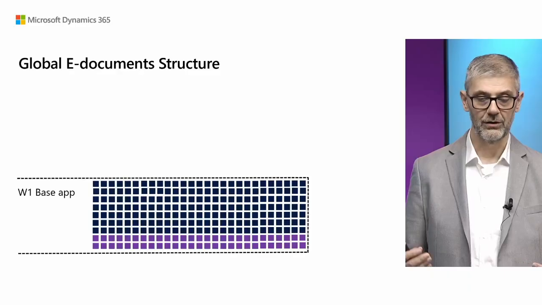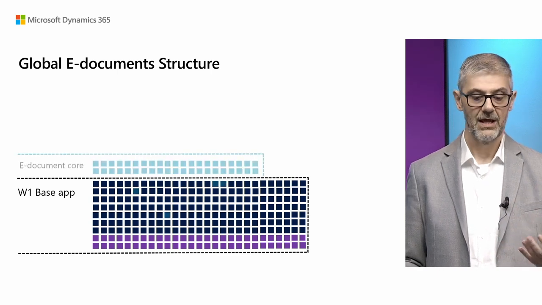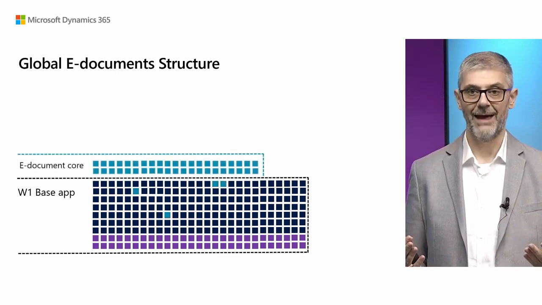Before we start with all these new things, I want to remind you that when we decided last wave to start with the e-documents module, we were thinking whether to start as part of the base app or not, and our decision was no, we will go with a new app, so we deliver the e-document core app.